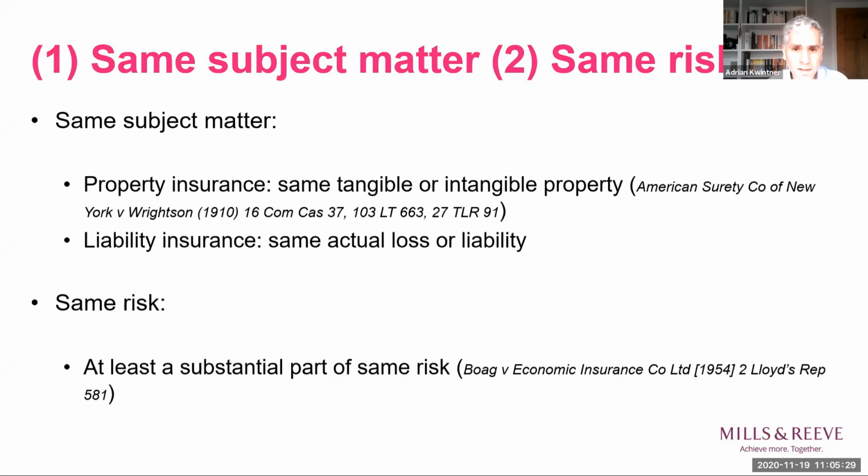It was conceded that as both policies covered employee dishonesty, there was the same subject matter, even though the Lloyd's policy was far wider. In liability insurance, the same subject matter means both policies must cover the same insured against the actual loss or liability.